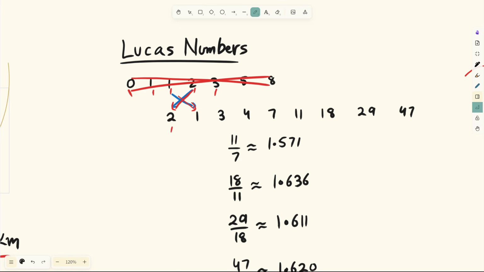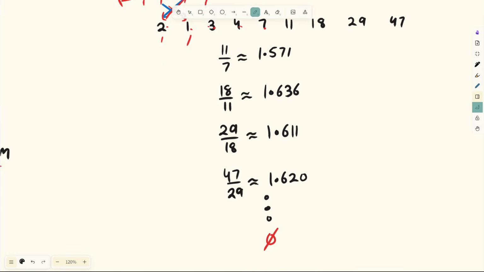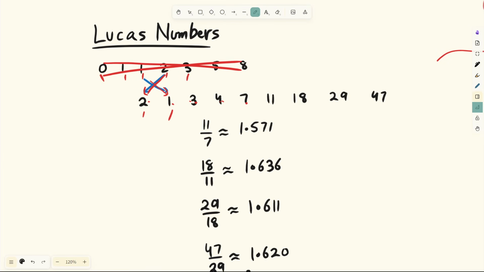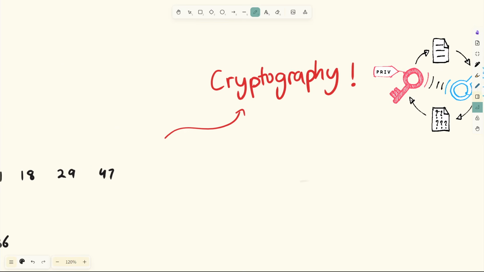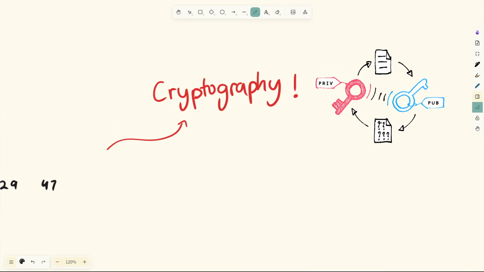So you start with 2 and 1, and you build up the series with the same logic. So 2 plus 1 is 3, 1 plus 3 is 4, 3 plus 4 is 7, and you look at the ratio of the numbers, it also approaches phi.